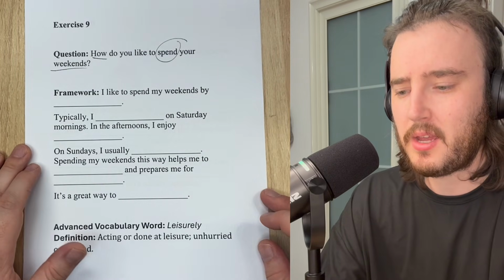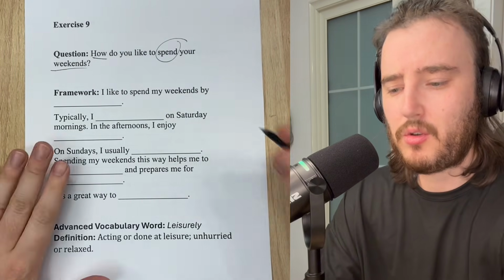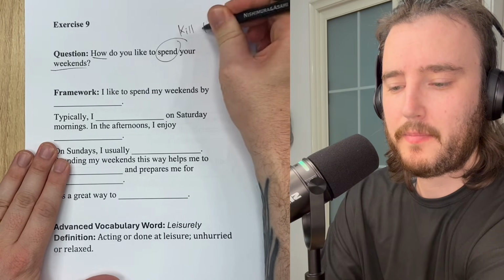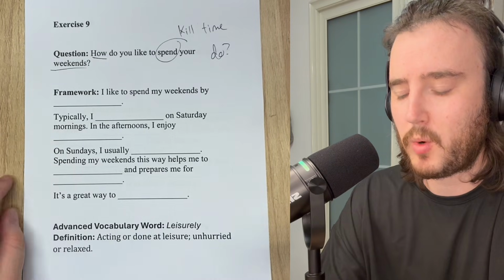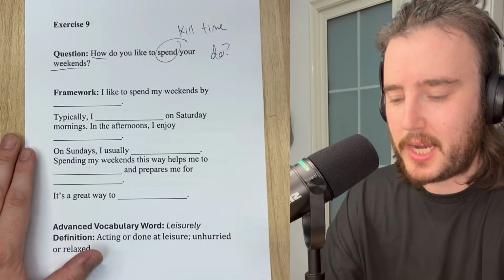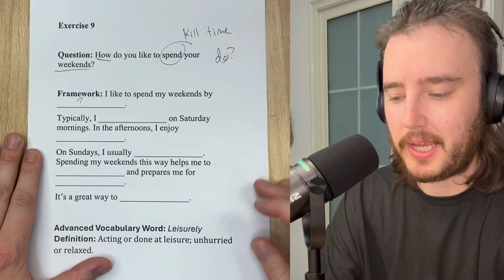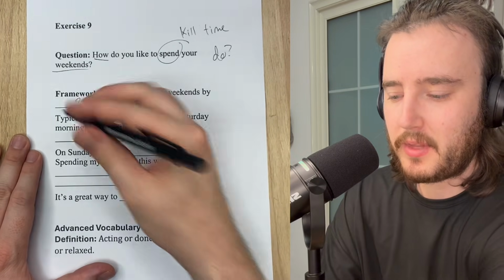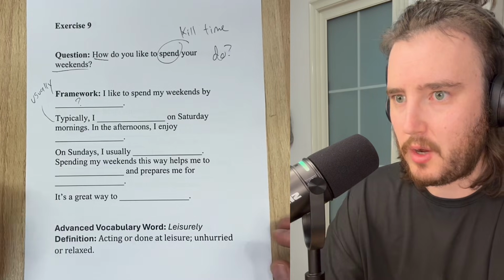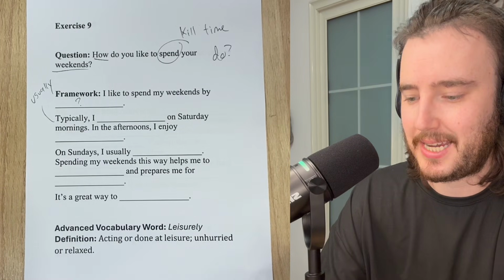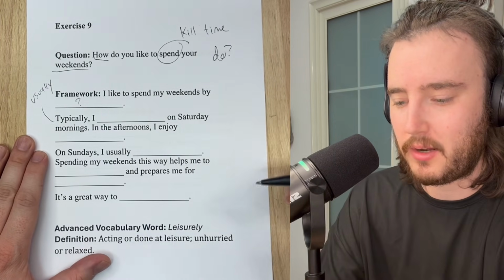Okay, spend. In other words, how do you like to kill time on the weekend, or what do you like to do? Okay, here's the framework. I like to spend my weekends by, tell me what you like to do. Typically, that means usually, in most instances, in most circumstances, I blank on Saturday mornings.